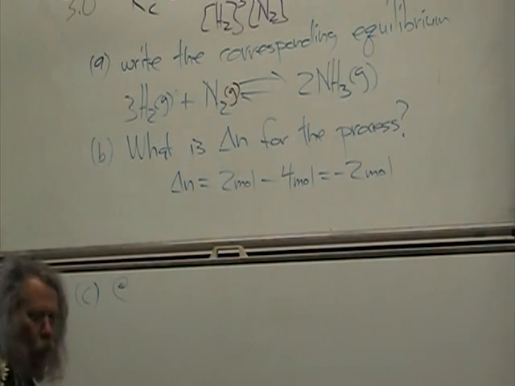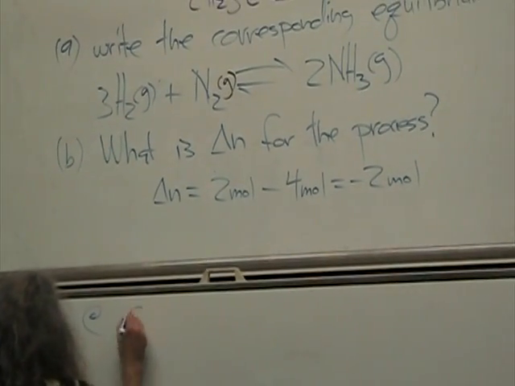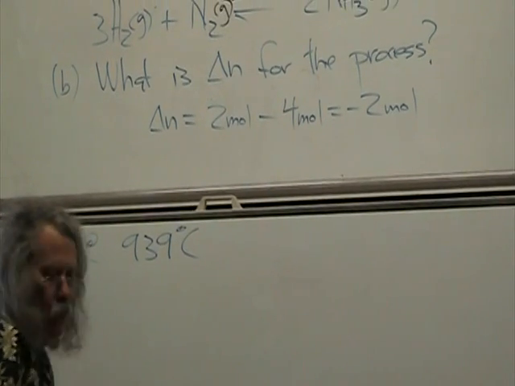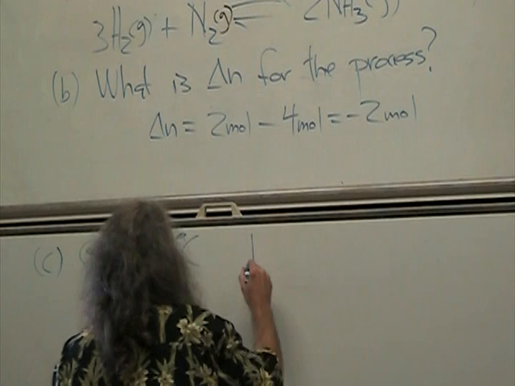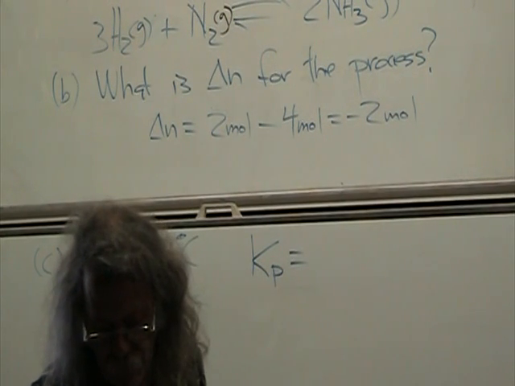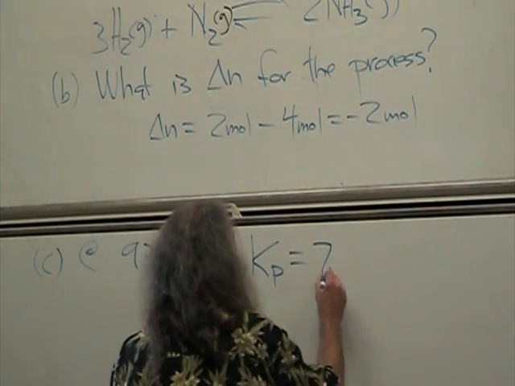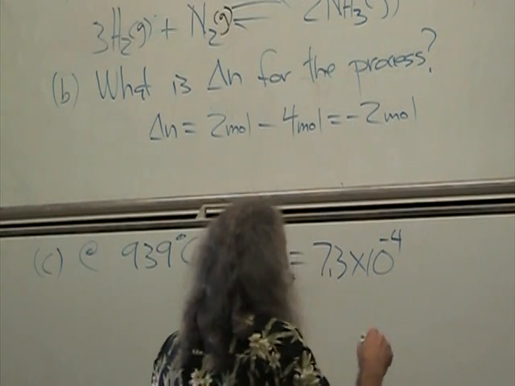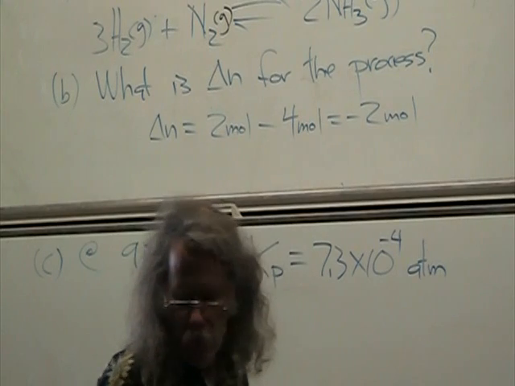At 939 K, Kp is 7.3 times 10 to the minus 4th atmospheres.